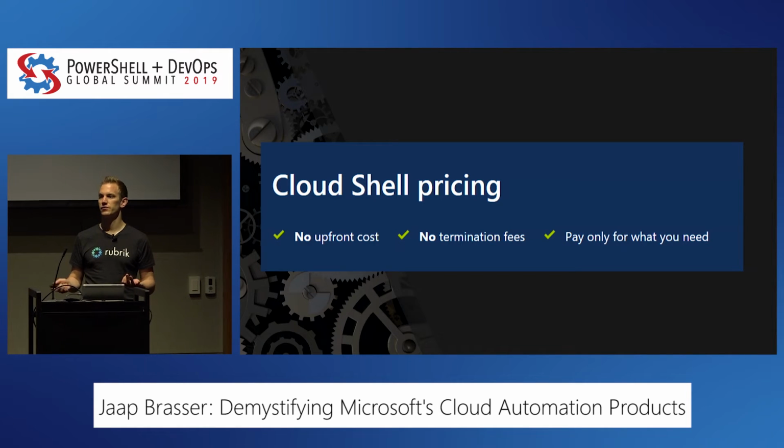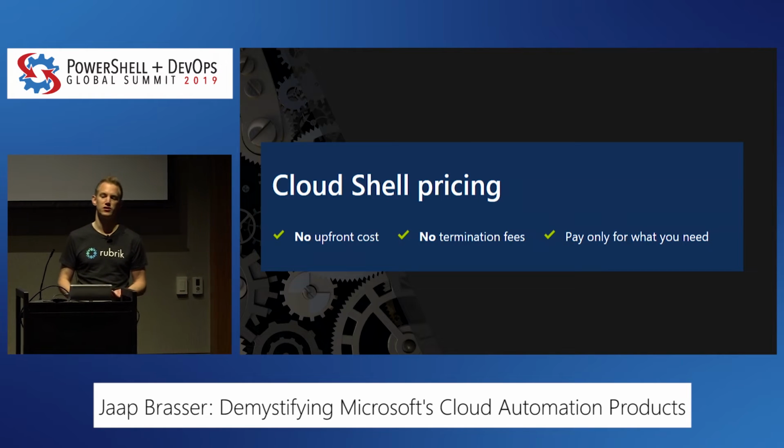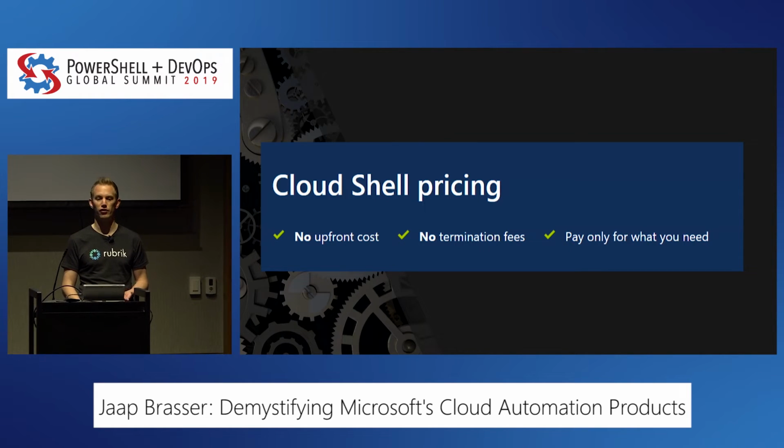Then you can also connect what's called a Cloud Drive. A Cloud Drive is another Azure storage account, and this is what you can use to put your own custom modules or your own custom scripts or your own tools, as far as the tools are not available already.